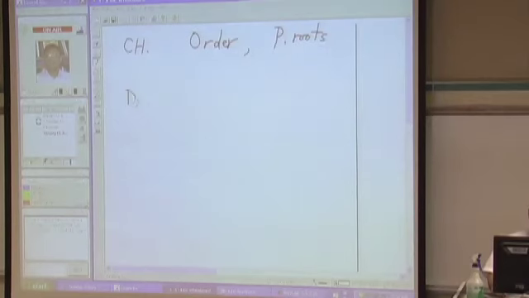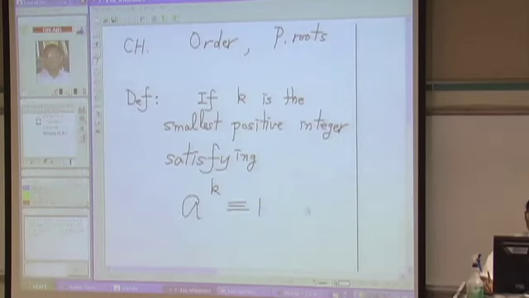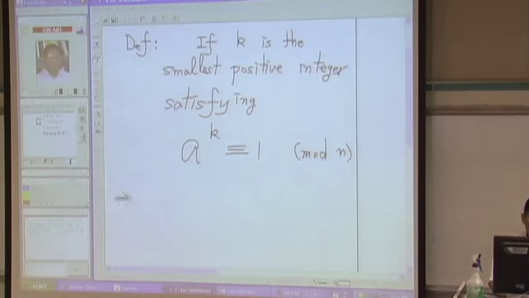Definition: if k is the smallest positive number satisfying this, then we say that the order of the number A mod n is k.